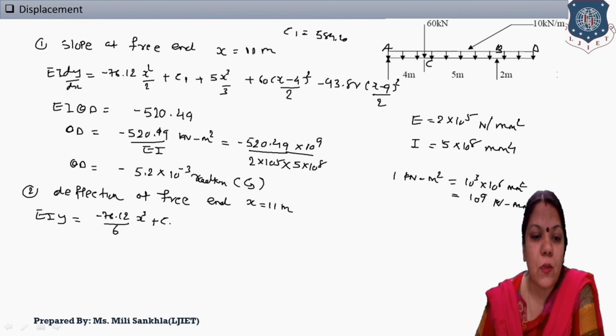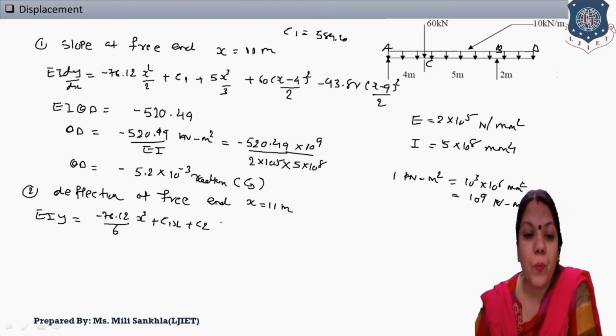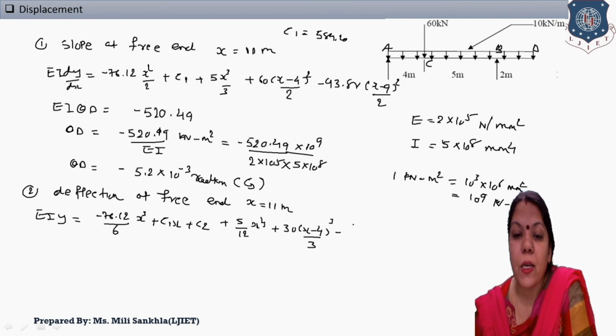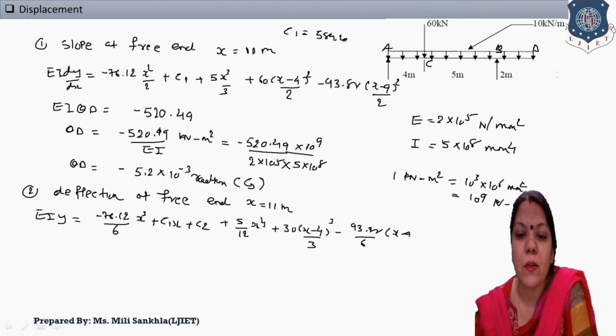plus C1 x plus constant C2, plus 5 by 12 x raised to 4, then 30 x minus 4 cube by 3, and minus 93.88 by 6 and x minus 9 cube.